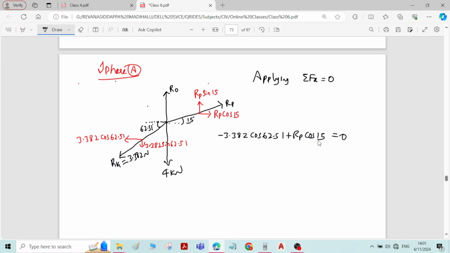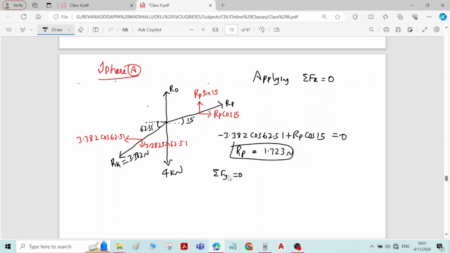Only two horizontal forces are there here, 3.382 cos 62.5 and RP cos 15, so I have added both the forces. By this you will get the value of RP. The RP value that you get is 1.723 Newton.